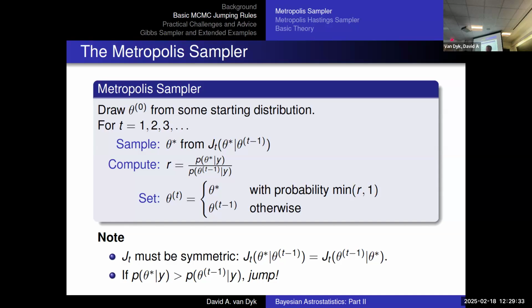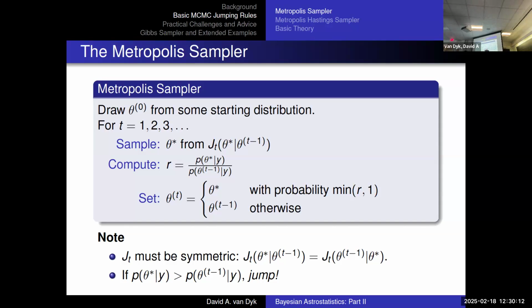But that's not enough, because that's just a random walk. What does that have to do with my posterior distribution? So to make it work, I have to compute this ratio where this is my target distribution, my posterior distribution. I'm going to compare my current value with the proposal. And the rule essentially says, if I step towards the mode, if I end up at a place higher on the posterior distribution, I grab it. If I end up at a place lower on the posterior distribution, I'm going to accept it with a certain probability.